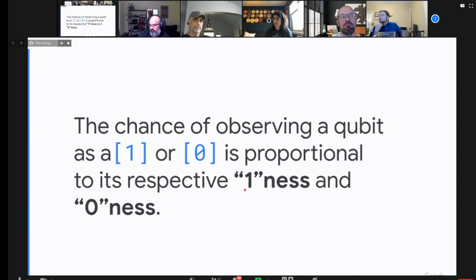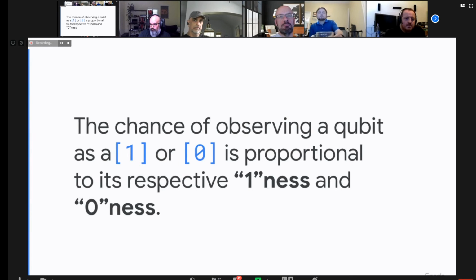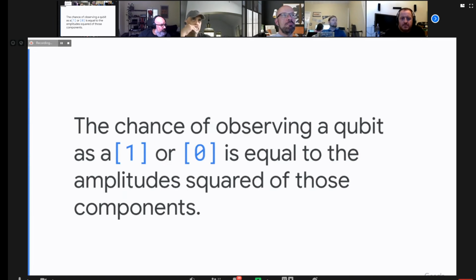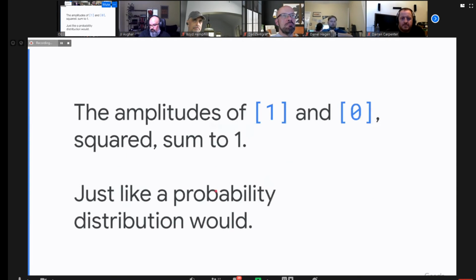What the components of the qubit in these two bases represent is the chance that we have of observing a qubit as a 1 or 0. This probability is proportional to how much 1-ness there is or how much 0-ness. To be really precise, it's the amplitude in the 1-ness direction squared of those components.